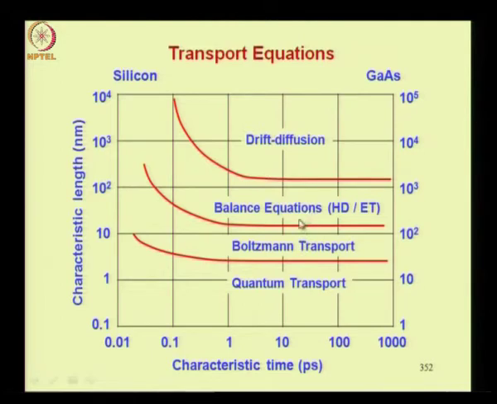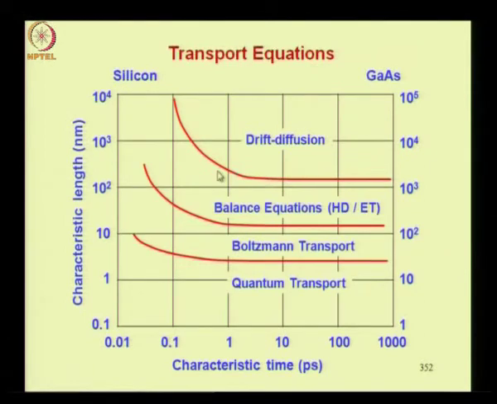So once your length scale becomes even smaller, then the electric field variation and so on is so high that 3 balance equations are not sufficient, namely the carrier balance, the momentum balance and energy balance. So you also have to go to further balance equations, more particularly the variation of the energy flux with distance, okay, that term becomes important.